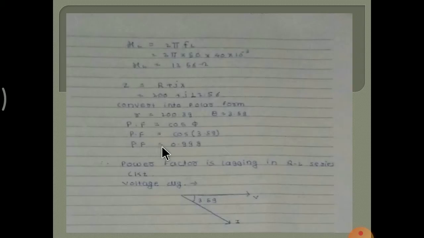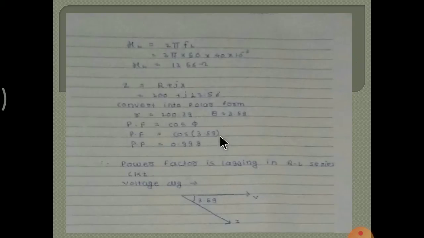Then we got a power factor of 0.998. So the power factor is lagging in the RL series circuit. We see in the theoretical part of unit number 1 that in the RL series circuit the power factor is lagging, and in the RC series circuit the power factor is leading.